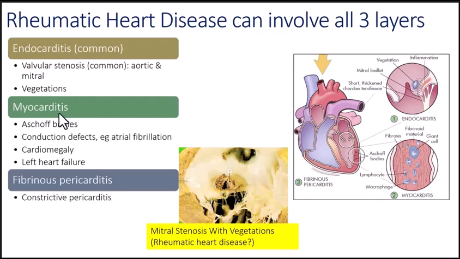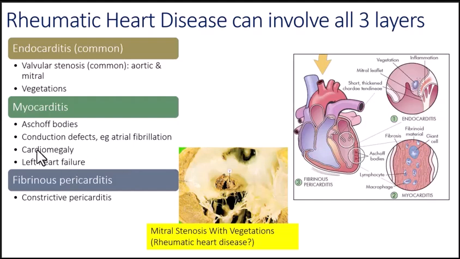And these deposits that I'm referring to are called an Aschoff body. Depending on the extent of the myocardium being affected, it can impact the normal conduction of the heart. We'll talk about an example being atrial fibrillation in a bit.